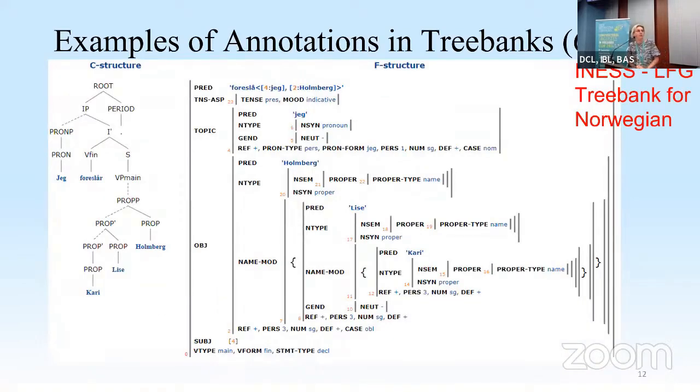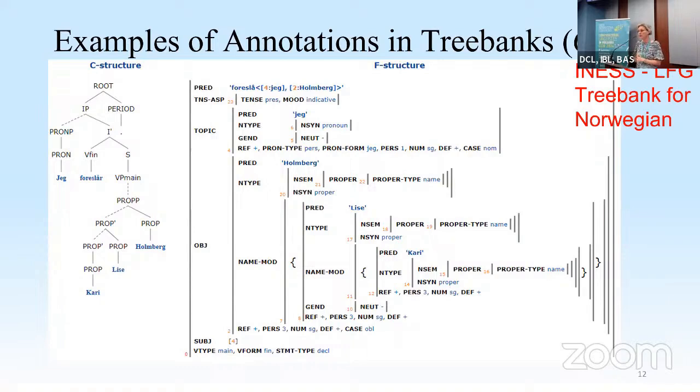Okay, so if we go further in LFG, as I said, they have the constituency, C-structure, and F-structure, which are attribute-value matrices. And as you see, they are very complex ones. So usually these formalisms are very, very strong.